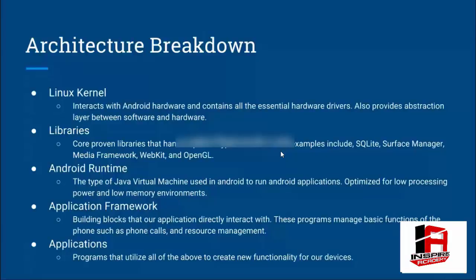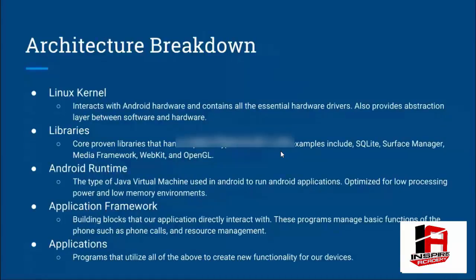Android has taken a specific Java virtual machine that's optimized for low processing power and low memory environments, which is really good when we are dealing with mobile devices, right? Because with mobile devices, we don't have a lot of processing power and we don't have a lot of memory. So they grabbed a custom virtual machine and bundled it with Android to make it more efficient.